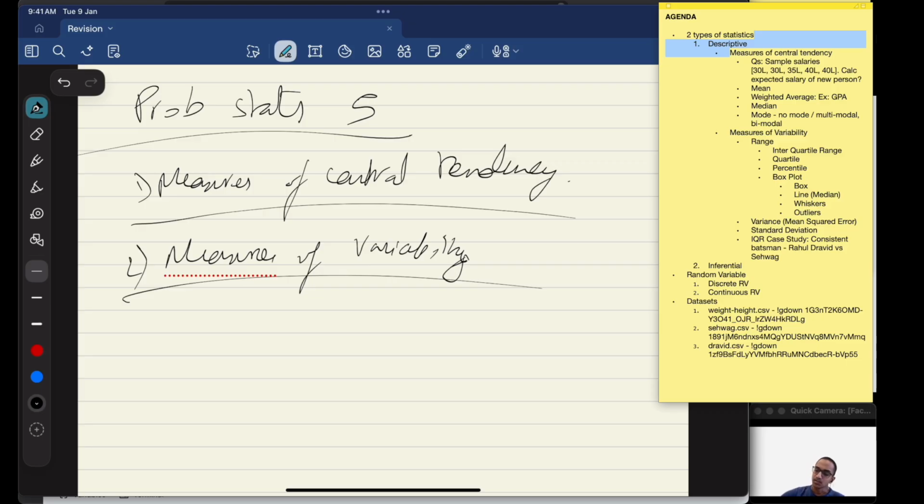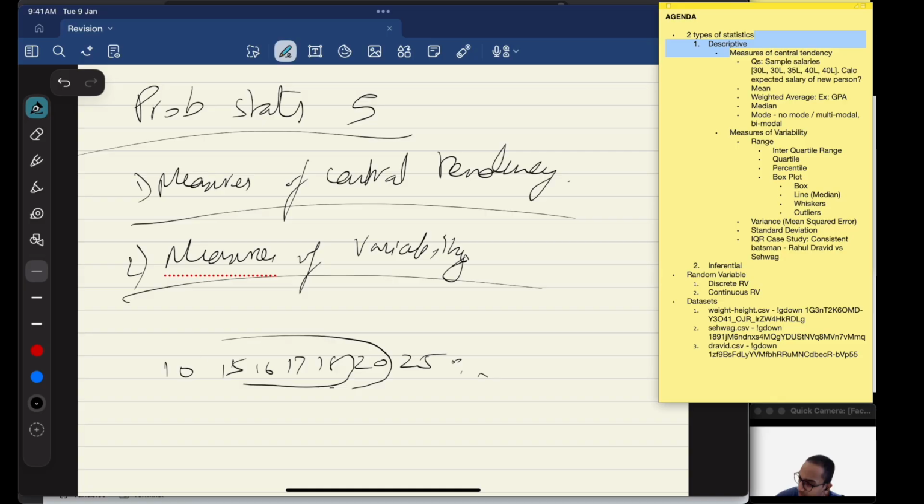Suppose you have 10, 15, 16, 17, 18, 20, 25, and so on. You see that the data here is clustered around this area, right?